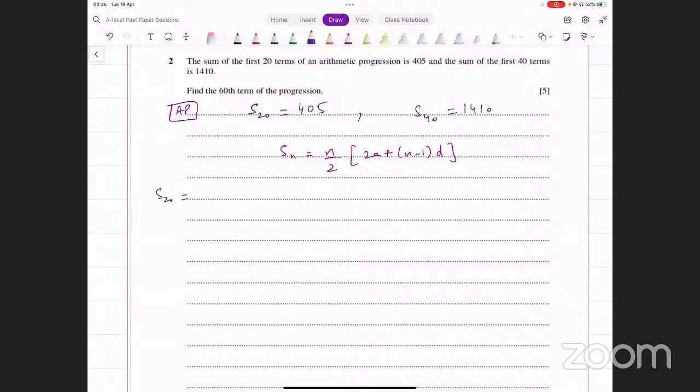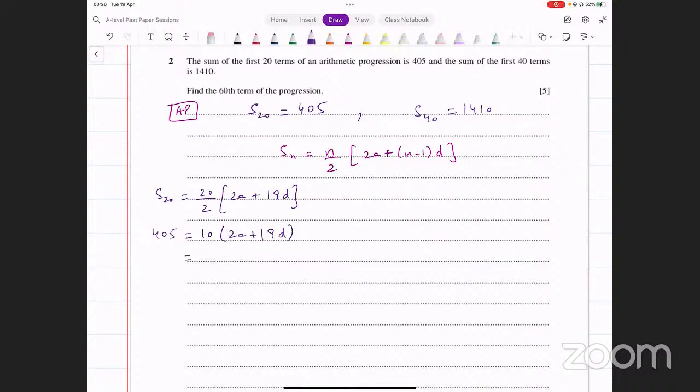S20 equals n, that's 20 over 2 into 2a plus n minus 1, and 20 minus 1, that's going to be 19 into the difference. Sum 20 to 20 terms kya tha? 405. We get 10 into 2a plus 19d.